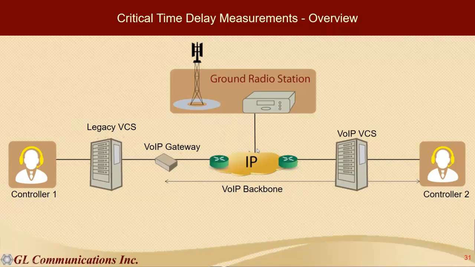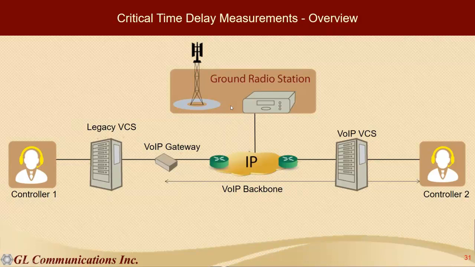Now, we did not break it out, but you can also imagine that one option would be pure ED-137, pure VoIP directly into the radio, or via a gateway. So sort of a legacy from the gateway downstream to the radio.